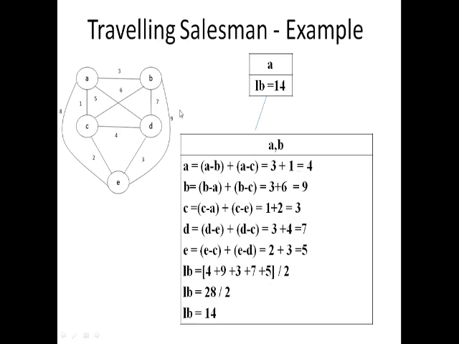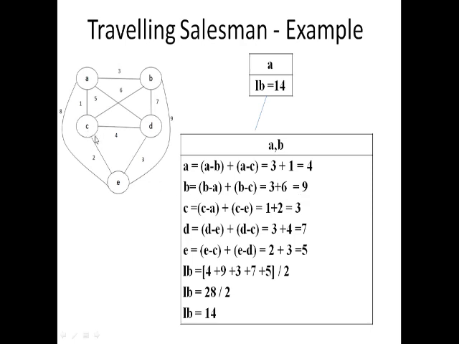When the next node B is considered, we have the weights 3, 6, 7, 9. In this, the minimal values 3 and 6 are considered, B to A is 3 and B to C is 6. Next, C node is considered.